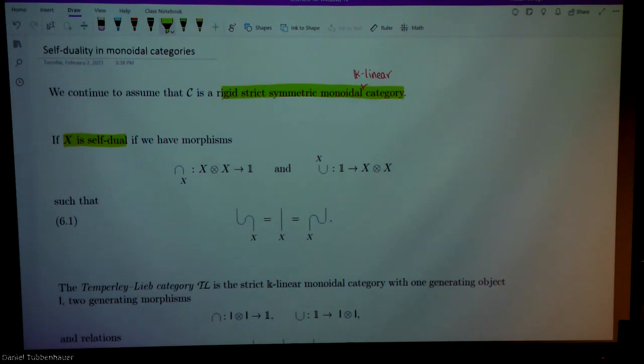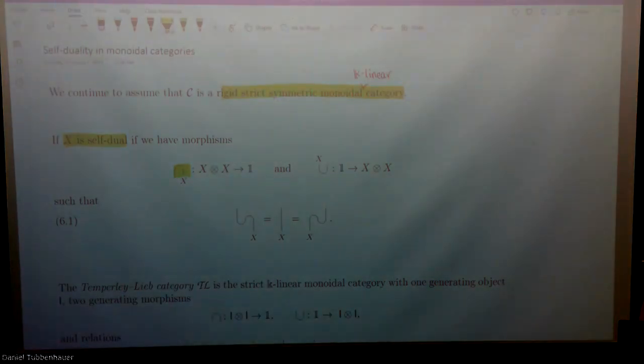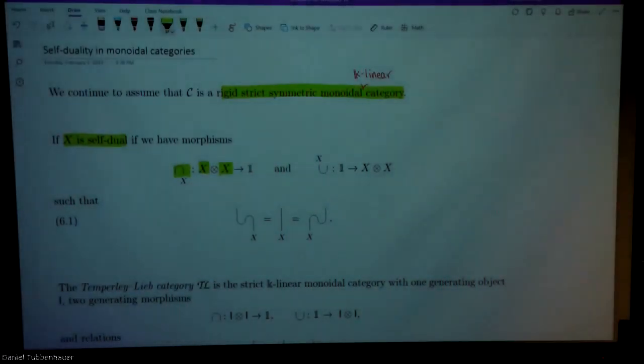Well, we've seen the notion of duality, so it's really nothing new except for the fact that it's the same object that is the dual. Right, so what that means is instead of having a cap that we would usually write oriented in one way so that we distinguish the two endpoints, one is up and one is down, we will instead now have the same object. So it goes from x tensor x to the unit, right?